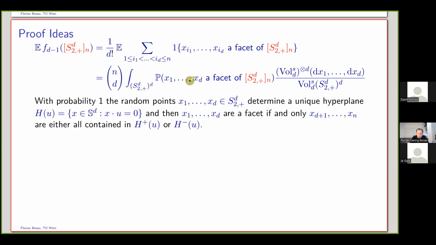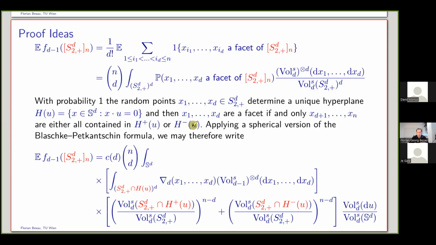And then the condition that these points are a facet is essentially saying that all the other points are on one side of this hyperplane. So all of these points x_{d+1} to xn are either in H plus or H minus, which indicate the two closed half spheres bounded by this hyperplane.